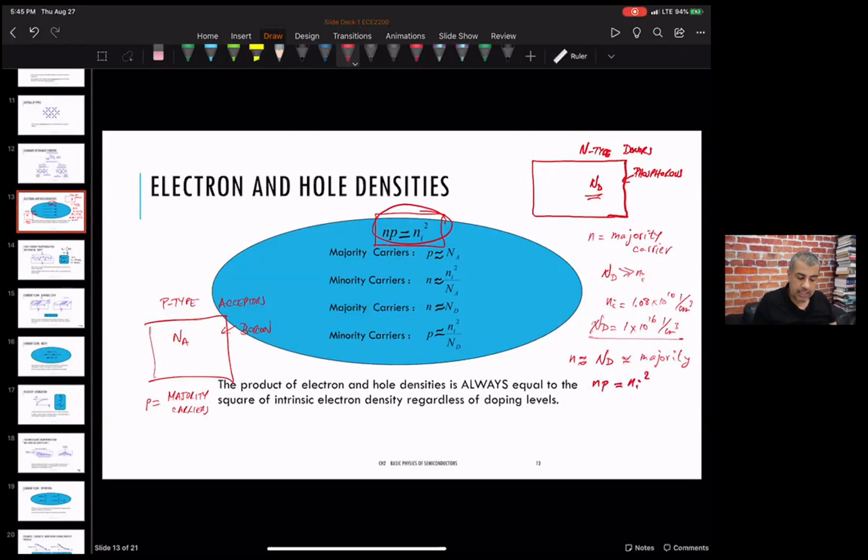So if n is n sub D, p is equal to n sub i squared over n sub D. We know the donor concentration, so we know both the majority concentration and the minority carrier concentration.